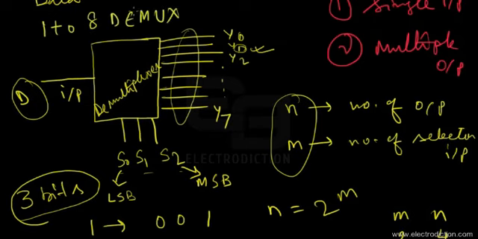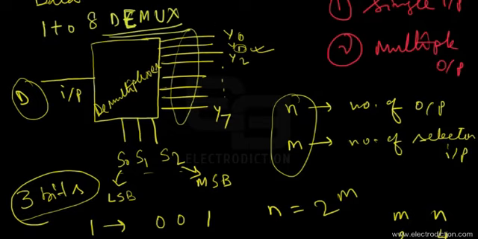A demultiplexer is also referred to as a demux in short. Any demultiplexer that has 8 output lines is named a 1 to 8 demultiplexer, and other types that could have 4 output lines, 2 output lines, and 16 output lines would be named 1 to 4, 1 to 2, and 1 to 16 demultiplexer, and so on.